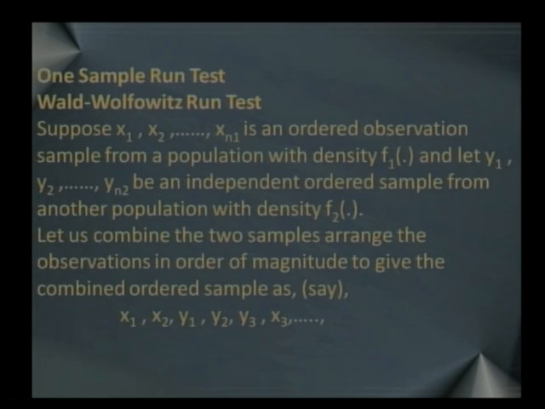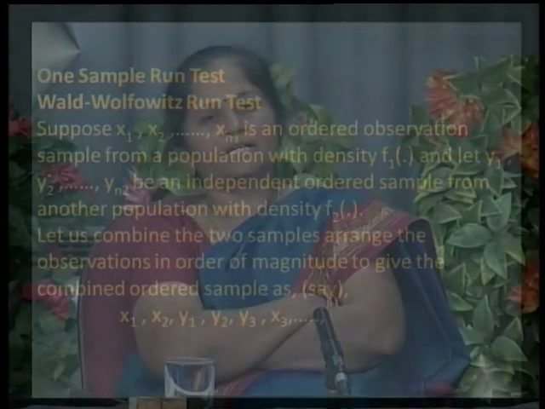Now we combine both samples and arrange them in increasing order of magnitude, to give the combined ordered sample, say x1, x2, y1, y2, y3, etc. Here the property of ordered statistics has been applied, which is the main property used in non-parametric tests.